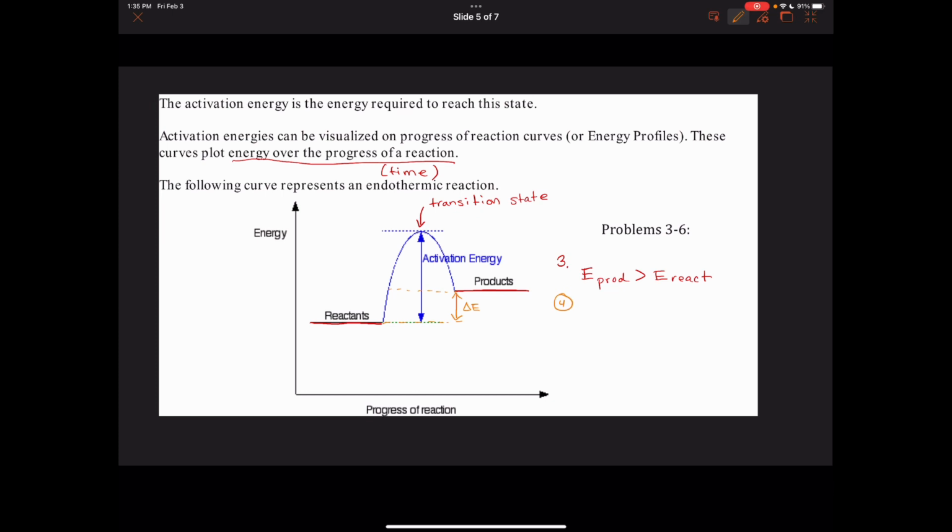That change would be my final minus my initial, so the energy of my products minus the energy of my reactants. Now, if my products are greater, so I am subtracting a smaller number from a larger number, my change should result in a positive number.